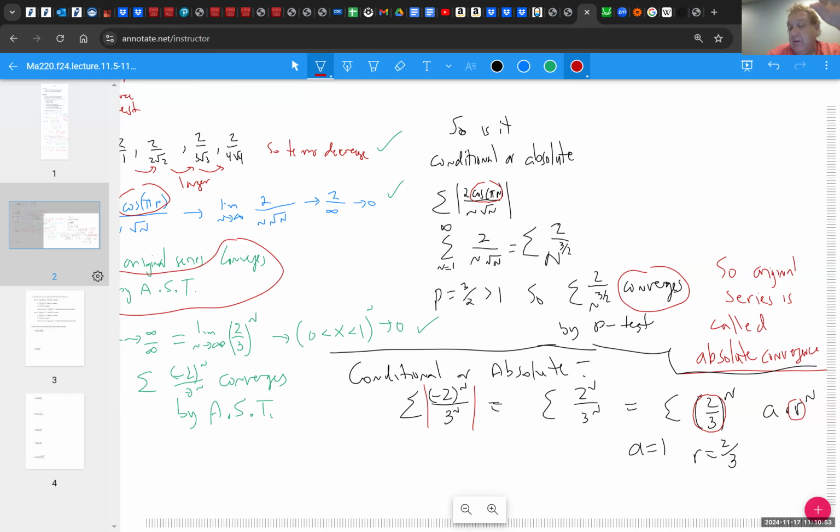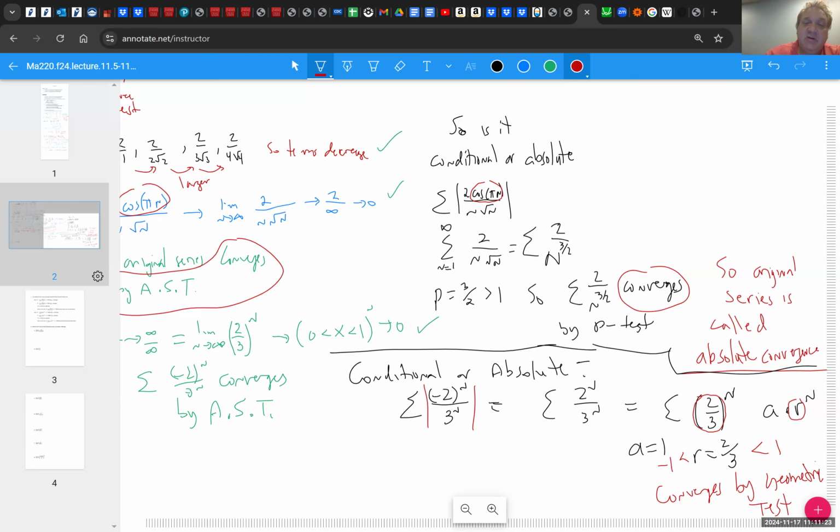If you have the base of the exponent between 1 and -1, or let's just say less than 1 and greater than -1, so if it's a decimal or a fraction that's less than 1, then we know it converges. This converges by geometric series test. Sorry, I'm running out of room.